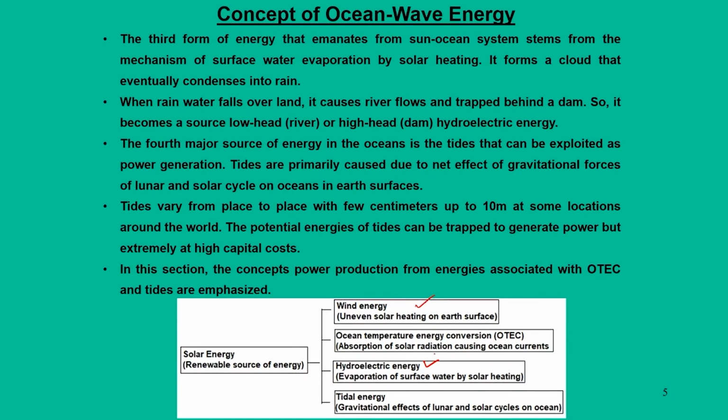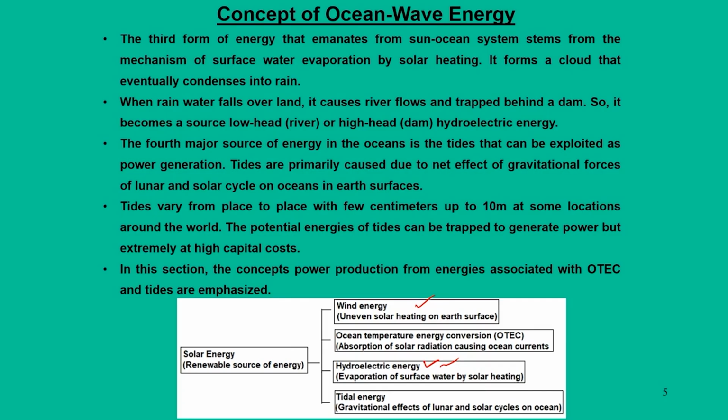So, we have wind energy and hydroelectric energy, and we get them by solar heating. One way, solar heating causes the formation of wind, or motion of air. Second, solar heating also causes rainwater, which can be utilized by storing it in a dam, and through this conversion we get hydroelectric energy.